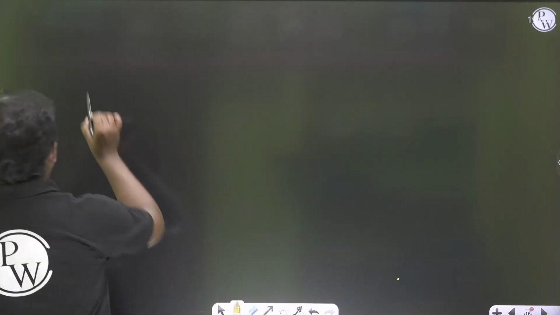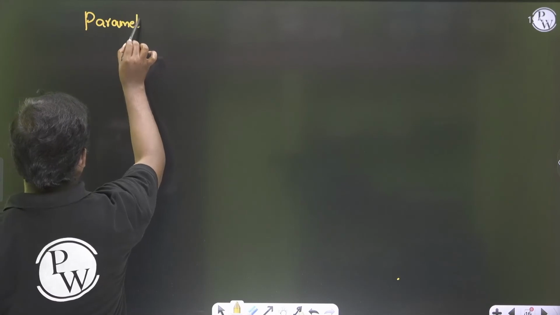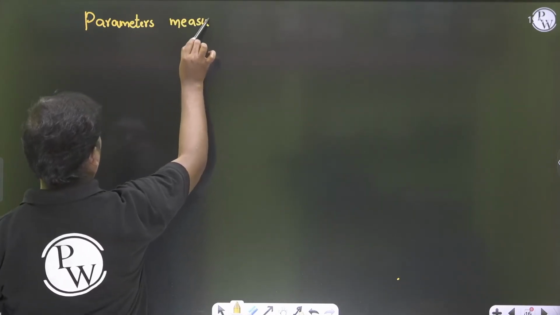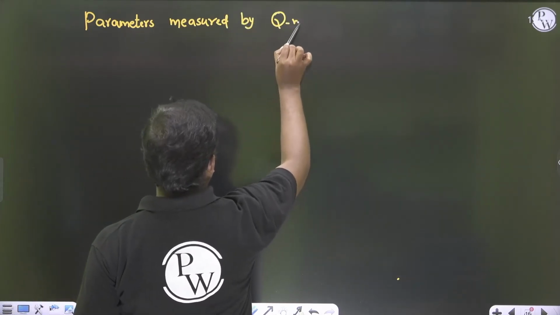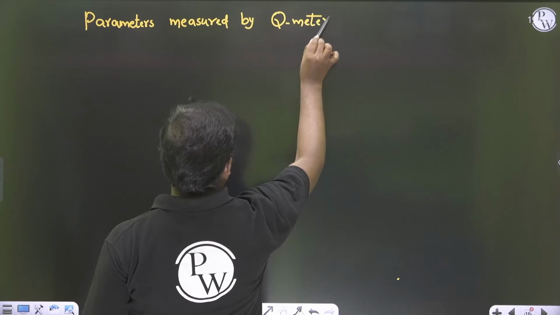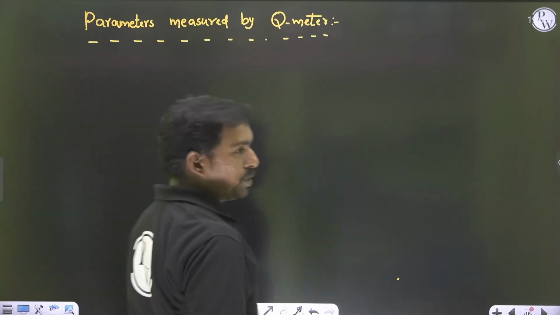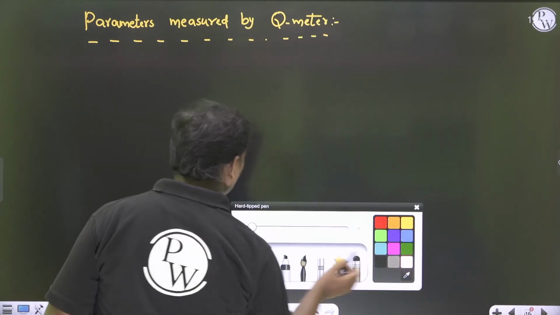So what are the parameters measured by the Q meter?